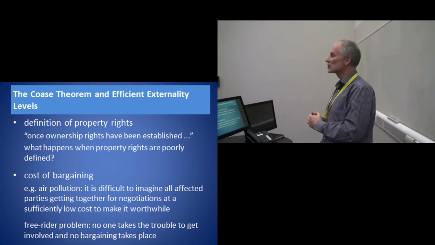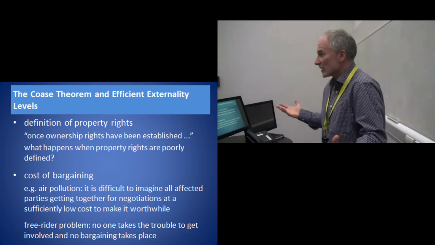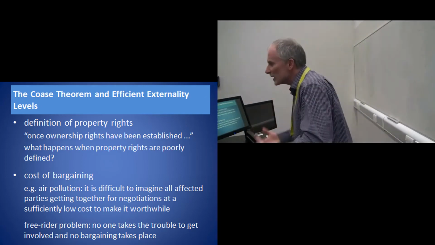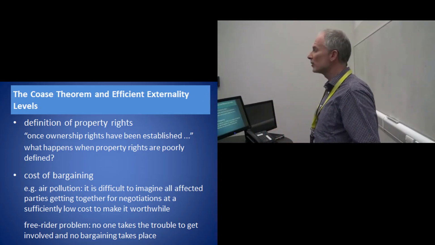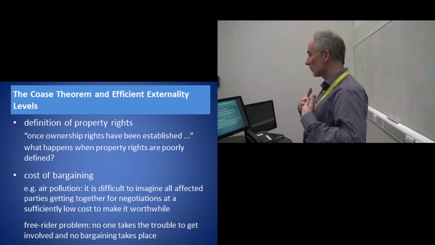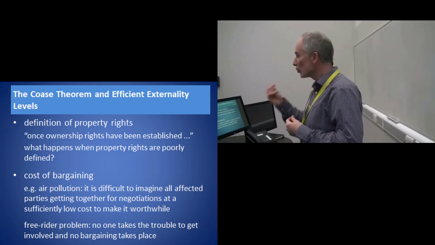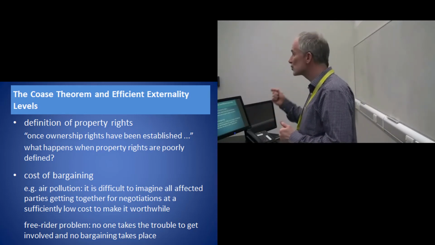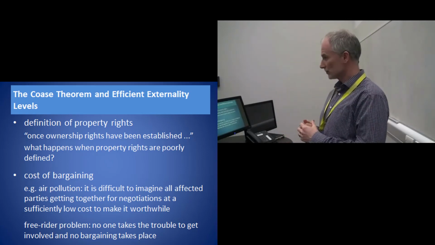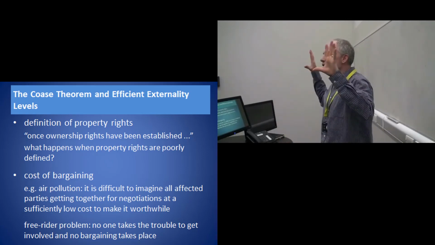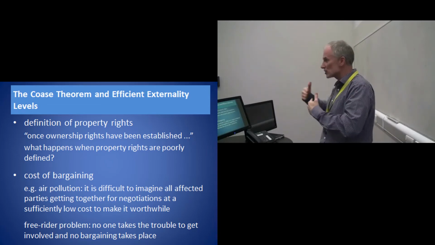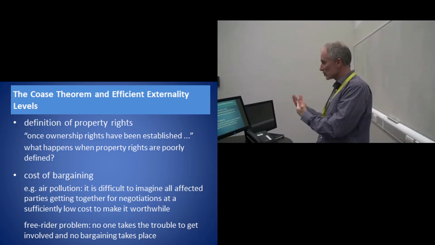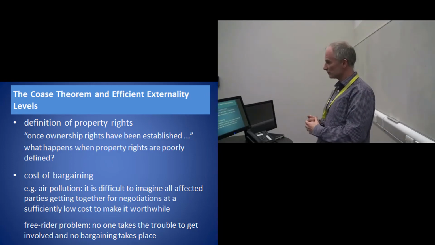And let's take an example of air pollution. Now, air pollution is an externality that affects literally millions upon millions of people. Not just those people who are affected by air pollution, but also those firms producing air pollution. Now, we all know, using that example of air pollution, there are obvious benefits to reducing this externality.